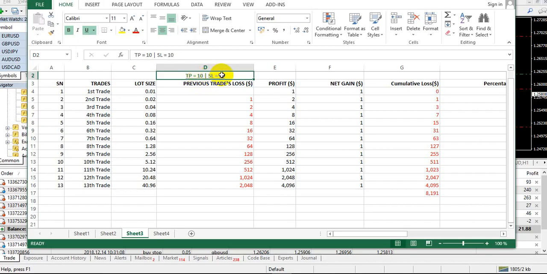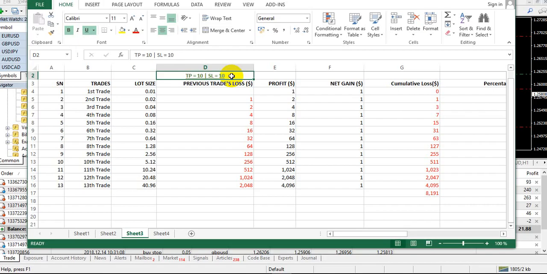And for those who don't know what a stop loss is, the stop loss value is the value that you fix on your trade, so that if price goes against you that number of pips, you exit the market whether you are there or not. The platform just exits you out of the market, so you can never lose more than that. That is what your stop loss value is, and it's represented in pips.